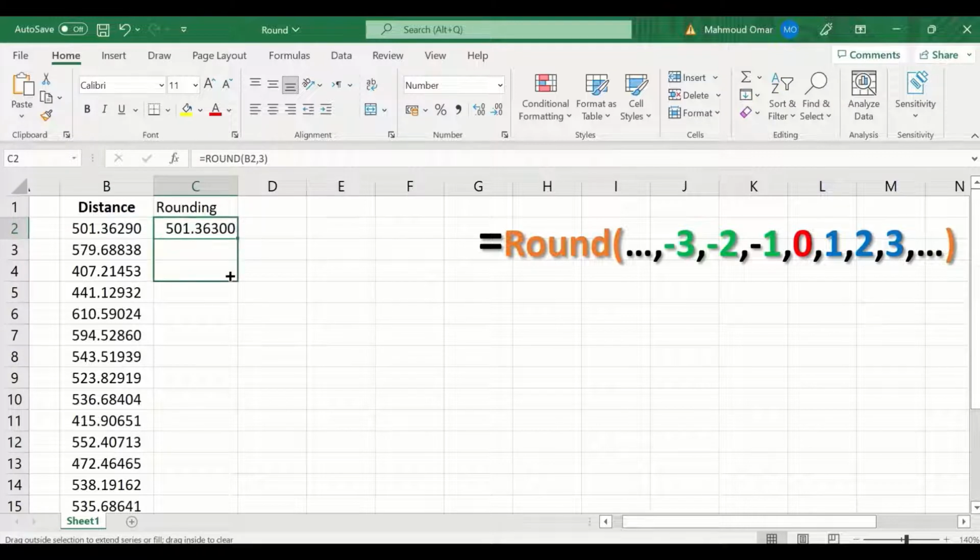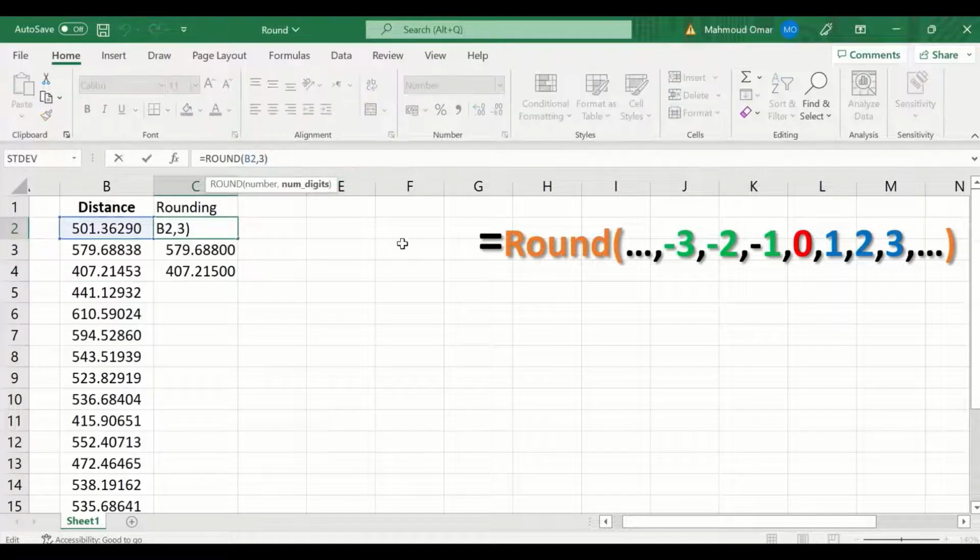For the second and the third score, the third decimal place is rounded down, and the third one here, third number, the third decimal place is rounded up to 215. We could also round the number 2 decimal places to the right of the decimal.